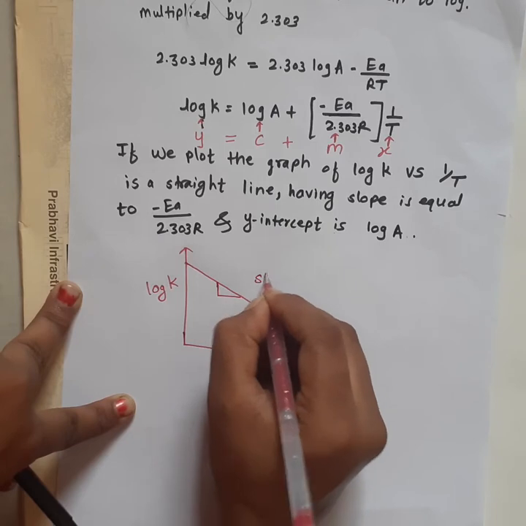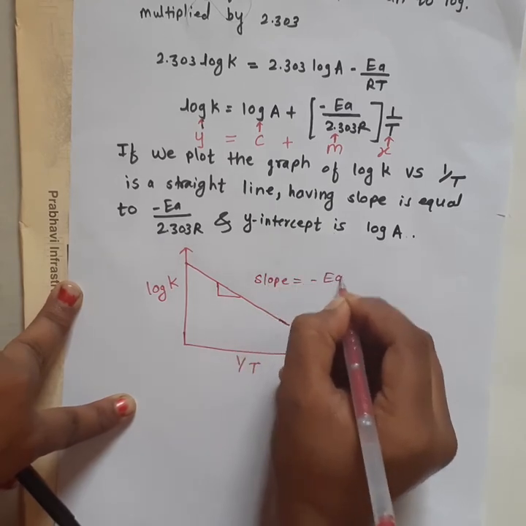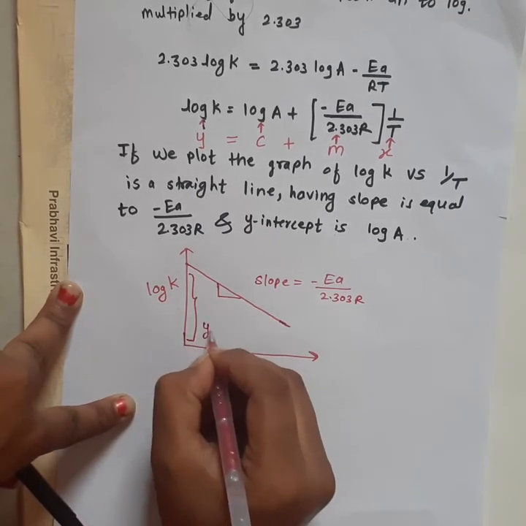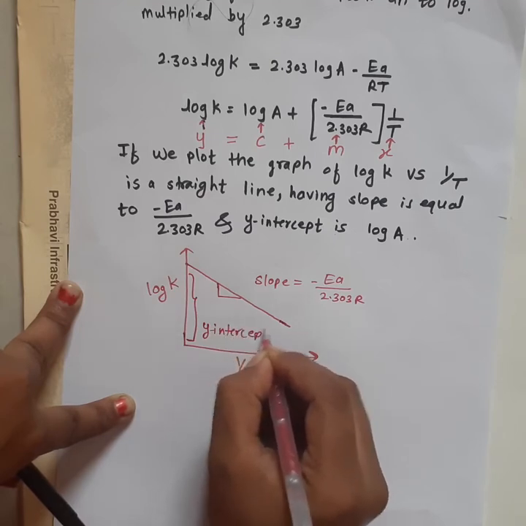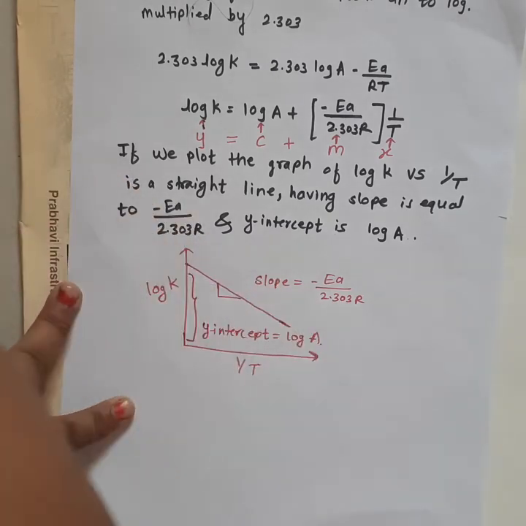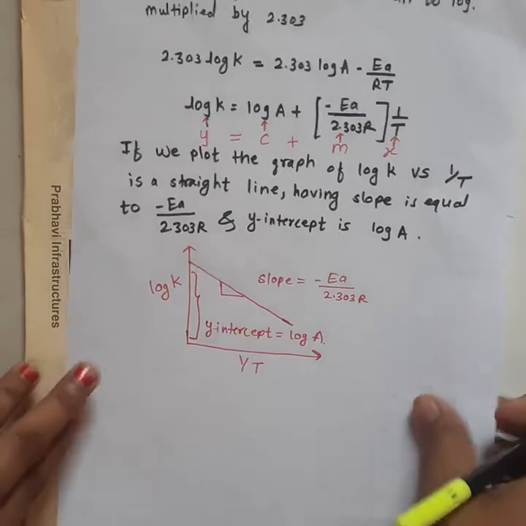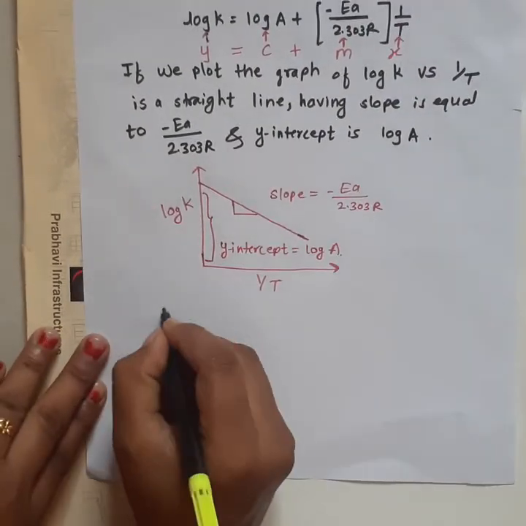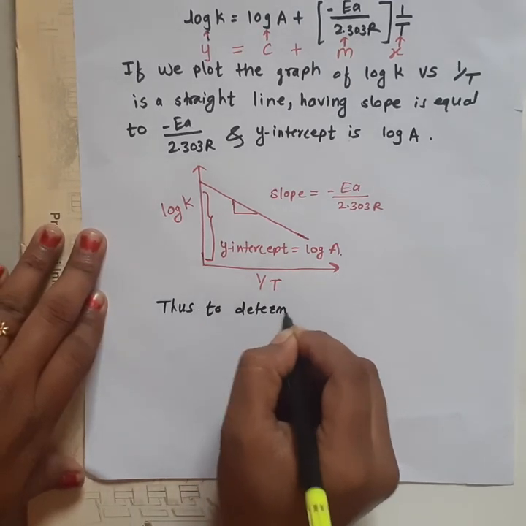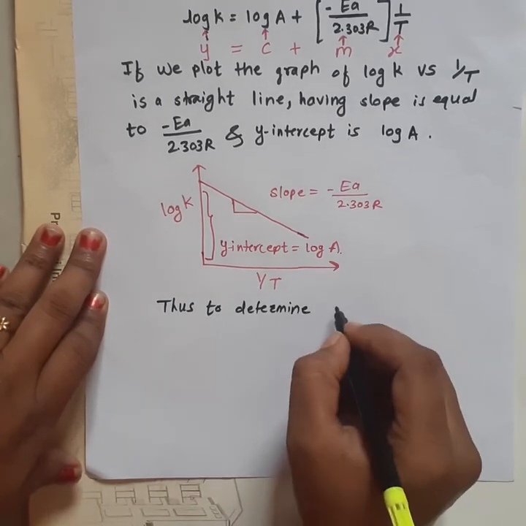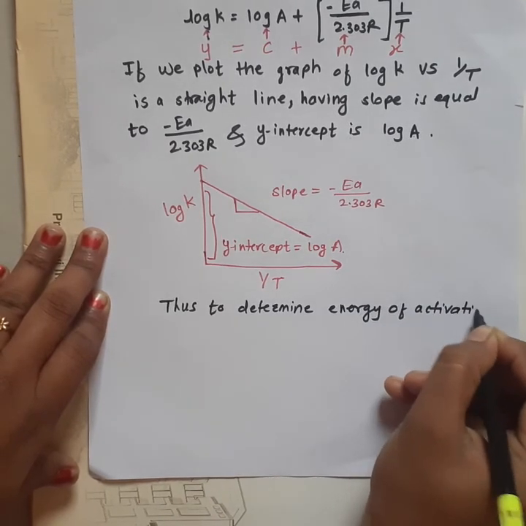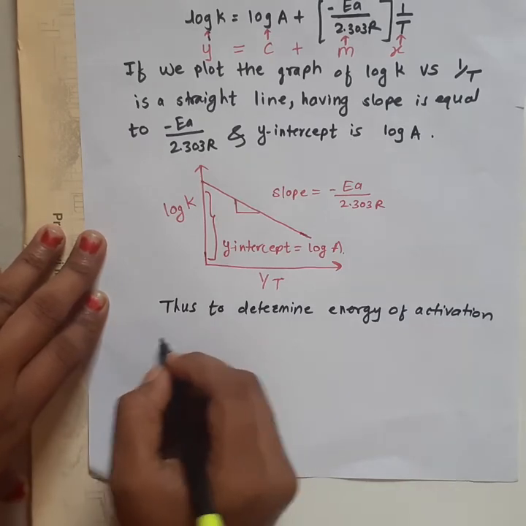The slope is equal to minus Ea upon 2.303 R, and from this graph the y-intercept is equal to log A. Thus to determine the energy of activation, we can write, it is a rate constant.